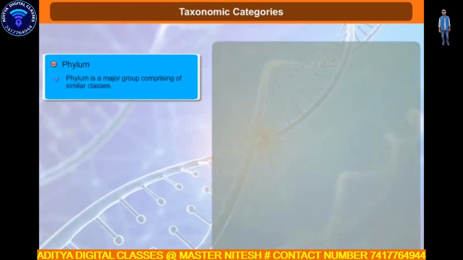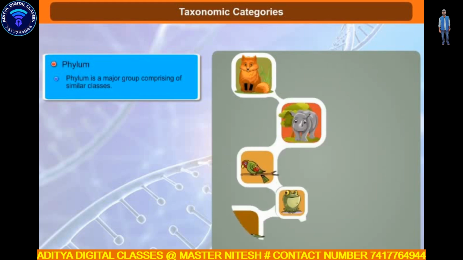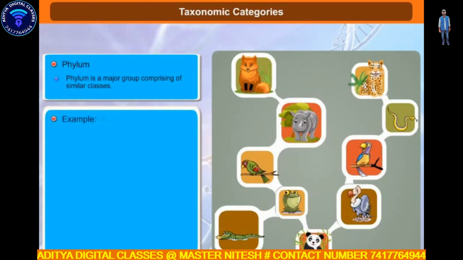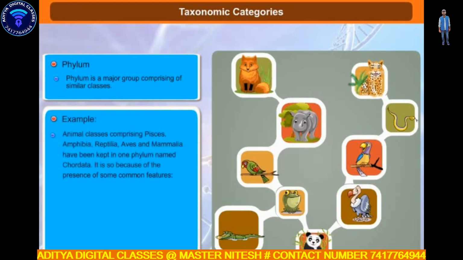Phylum. Phylum is a major group comprising of similar classes. Example: animal classes comprising Pisces, Amphibia, Reptilia, Aves, and Mammalia have been kept in one phylum named Chordata.